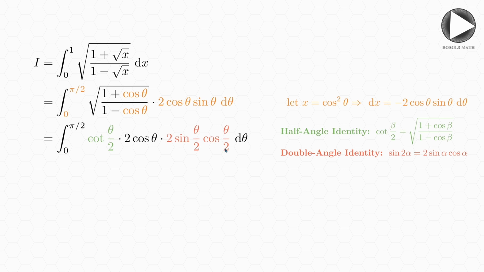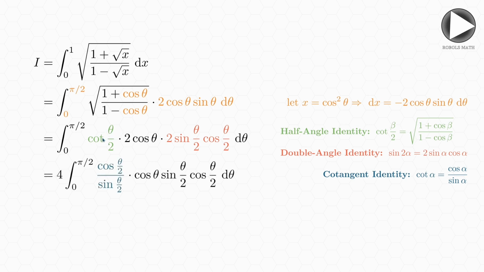Now I want to do this because I can rewrite this cotangent theta over 2 using the cotangent identity. We know that cotangent of an angle alpha is equal to cosine over sine of alpha. So this is equivalent to cosine theta over 2 over sine theta over 2. Note that I also factored out the coefficient, which is 2 times 2 equals 4.